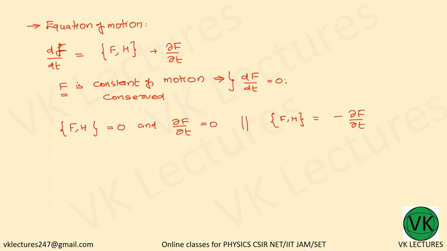Now just as an example, we will take the Hamiltonian of some system. H is equal to q₁p₁ minus q₂p₂ minus ω q₁² minus μ q₂².